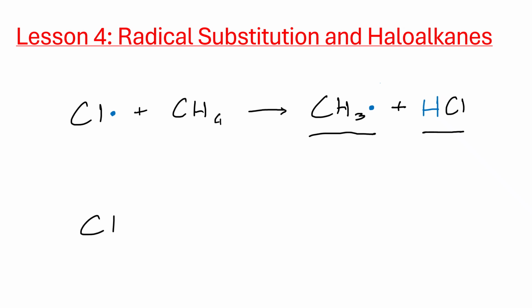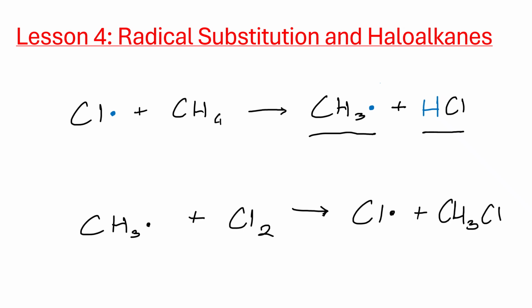This alkane radical then goes on to react with an unbroken halogen molecule to form a halogen radical and our desired product. Now you might notice that a radical goes in and a radical comes out.